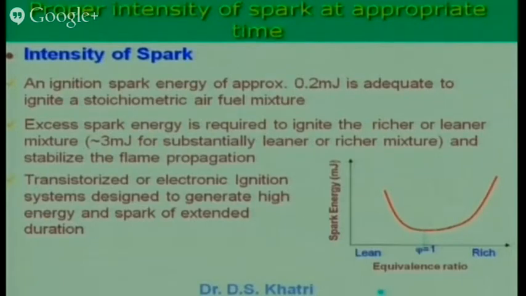If I am making it very rich, again it is increasing. So that's why somebody asked why the multi-electrode spark plug. Sometimes if I want to produce very high power, in racing cars, they use a rich mixture. So they also require a high energy ignition system. And when you need fuel economy improvement, there also you need a high energy ignition system to burn that.